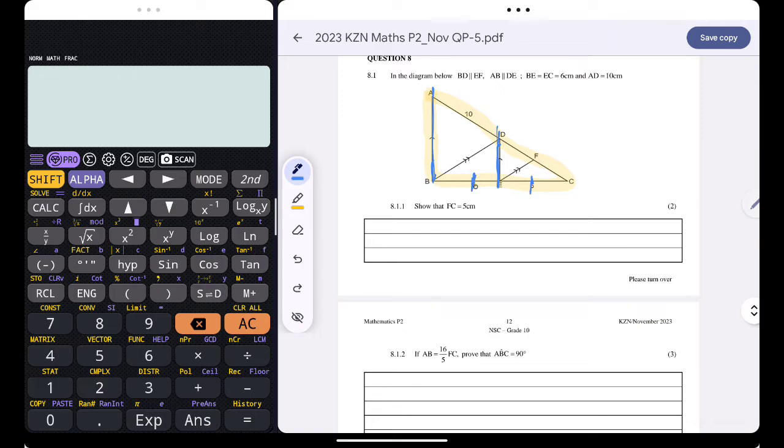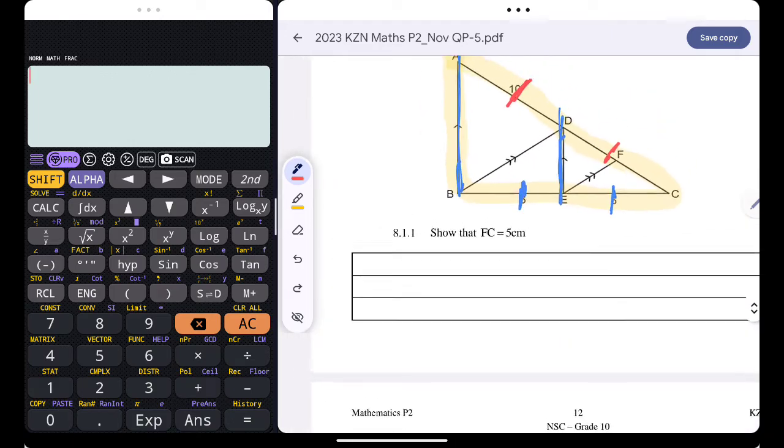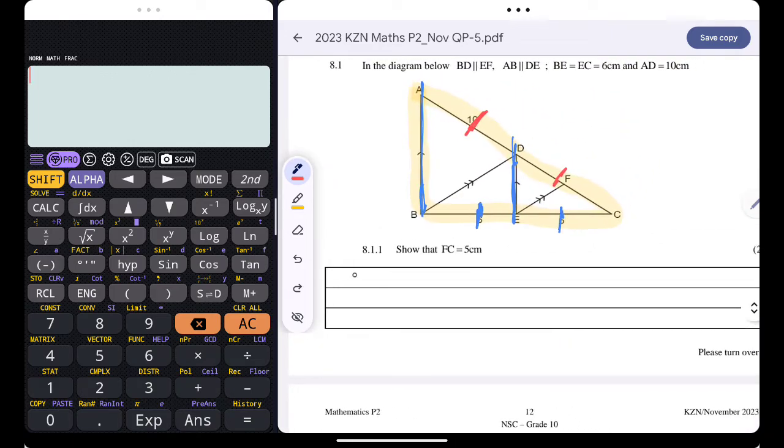This is equal to this. According to the midpoint theorem, we can therefore conclude that AD is also equal to DC. Are you together? So according to the midpoint theorem, the length of DC is also equal to AD, which is 10 centimeters. This is true because of the midpoint theorem.